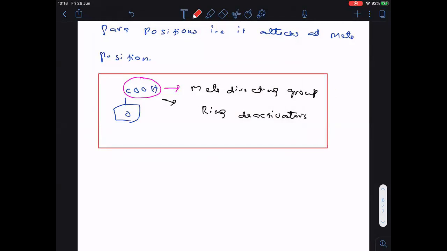So remember, COOH is a meta directing group and it is a ring deactivator. That means it decreases the reactivity of the benzene ring. So COOH will decrease the reactivity.